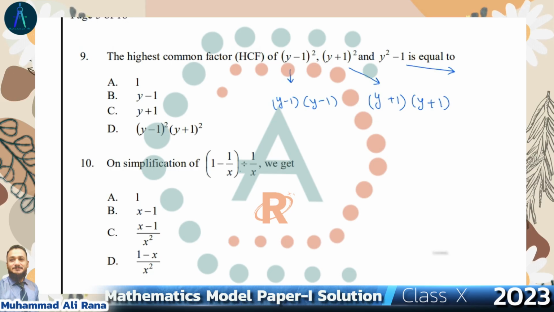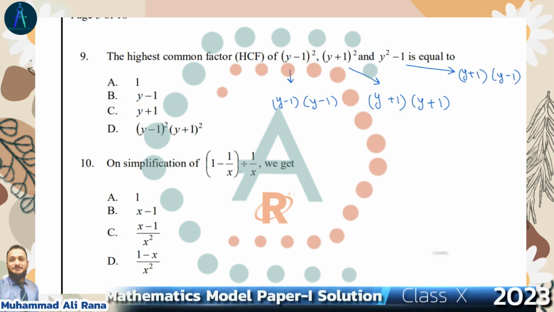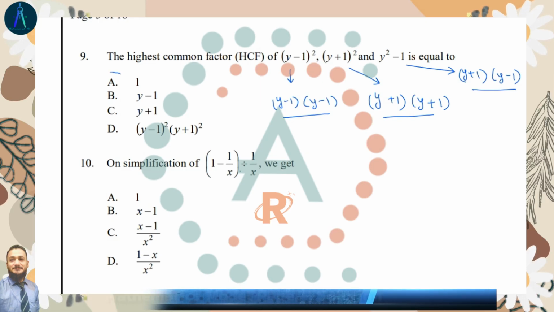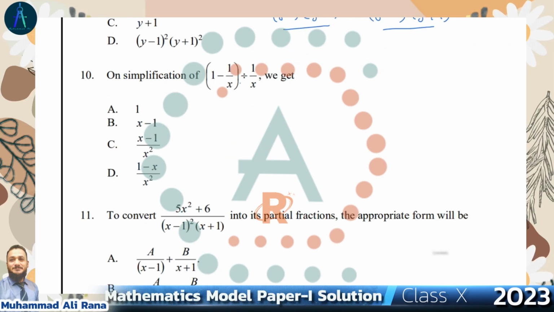Similarly, the factors of y square minus 1 will be y plus 1 and y minus 1. So in this way we can see there is no common factor in all three expressions. That means 1 is the common factor. So the HCF of these expressions will be 1, option A.